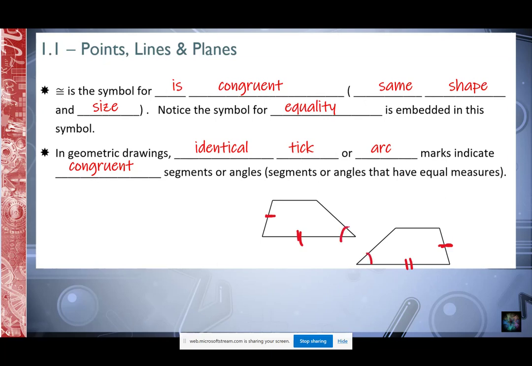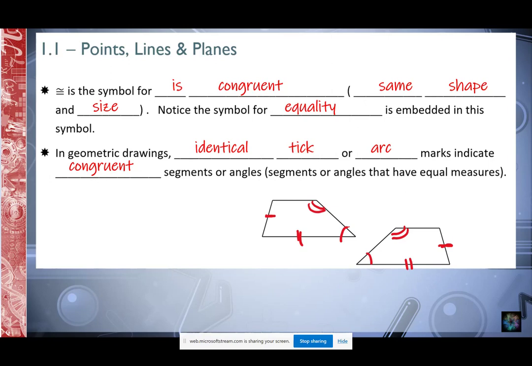We can see that those are acute angles, and we have been told because of the arc marks that they are the same measure. And then again, because we have 2 arc marks instead of 1, these 2 are also congruent, but they are not the same as the first one. So count the arc marks, count the tick marks. They have to be identical in order for us to have congruent segments or angles.